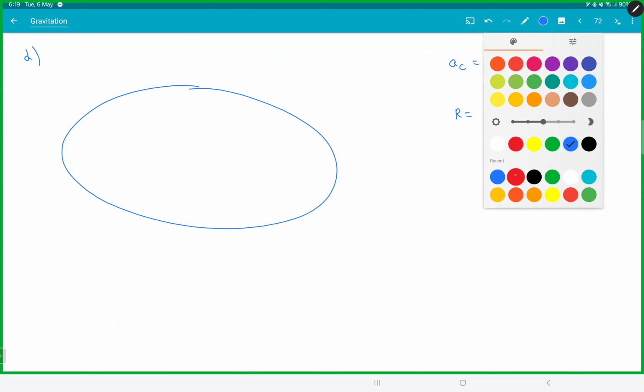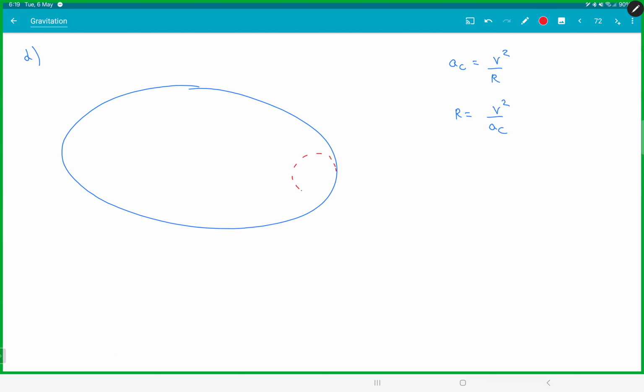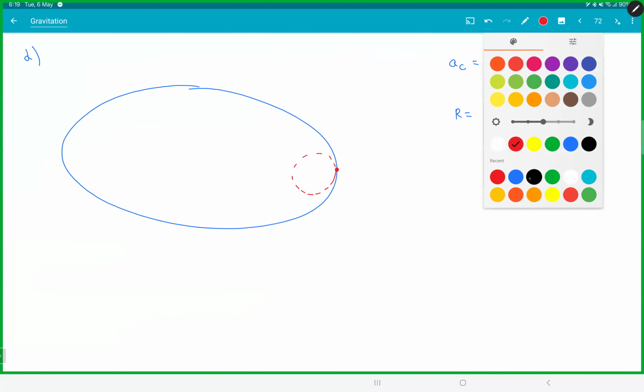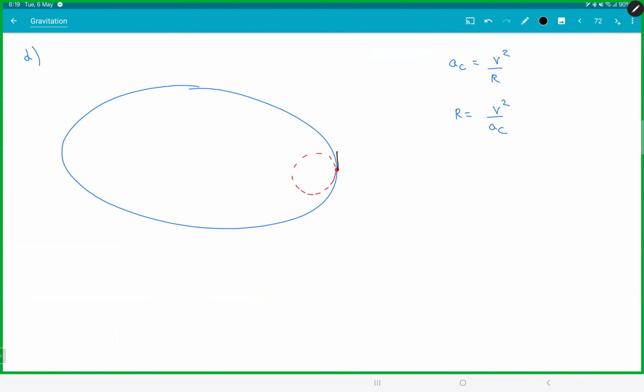Now, be careful here. In this corner, if you take a small circle here, the particle's velocity is v2. This will be your centripetal acceleration. So the acceleration is nothing but the force, which is GM by r2 square, divided by the mass.